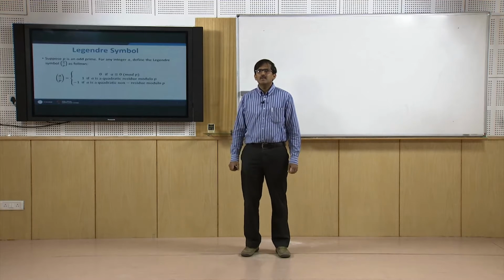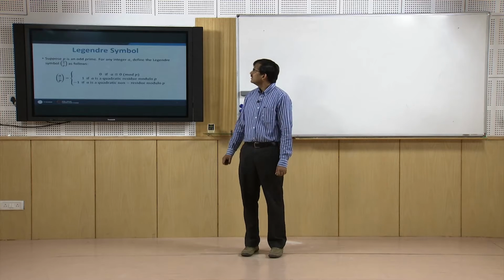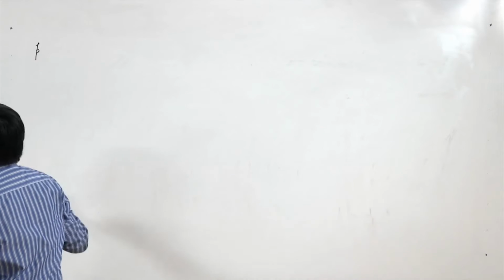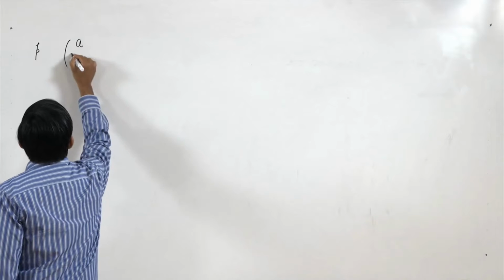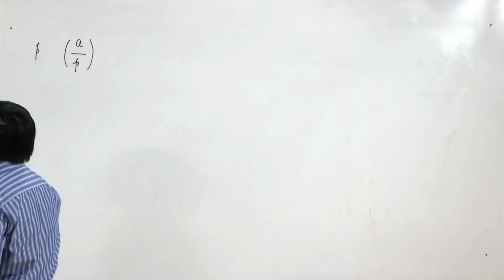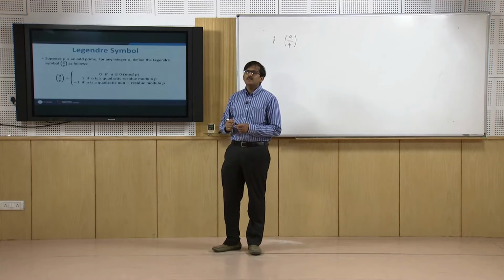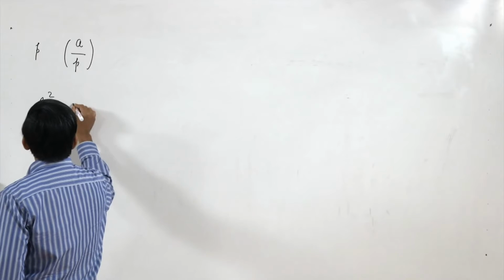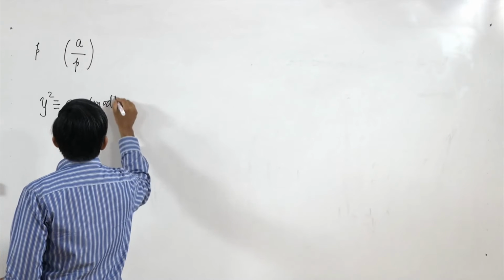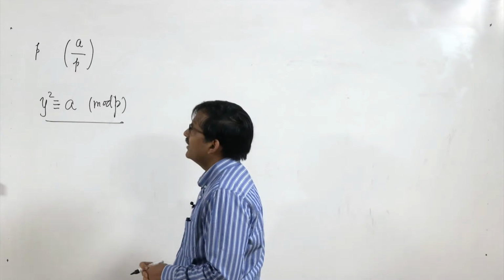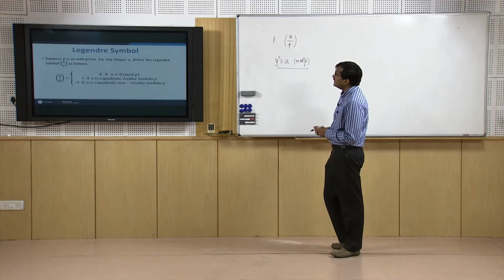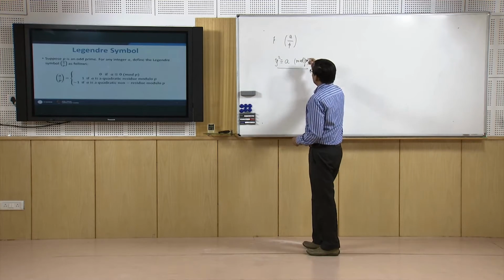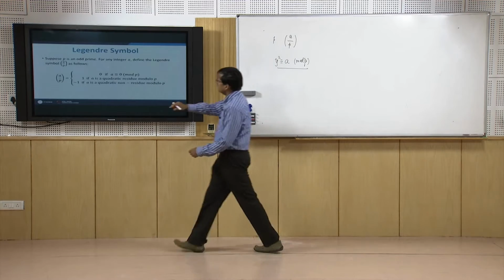Now, let us recall that we talked about Legendre symbols. For Legendre symbols we need to have an odd prime p, and then we say that A by p is a quadratic residue mod p if the congruence equation y square equal to A mod p has a solution, and then the value of A by p is given as 1.